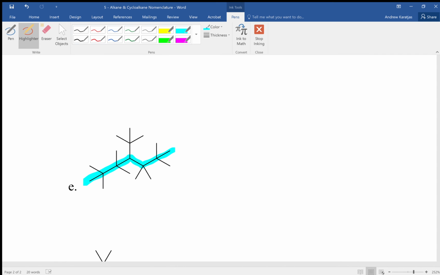Now, unlike every other example we've talked about, it doesn't matter which direction we number this one in. Why not? Well, let's see. If we go left to right, or if we go right to left, we see that this molecule is completely symmetric. So it doesn't matter which direction we go in.